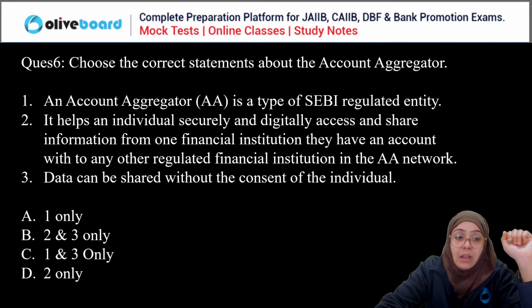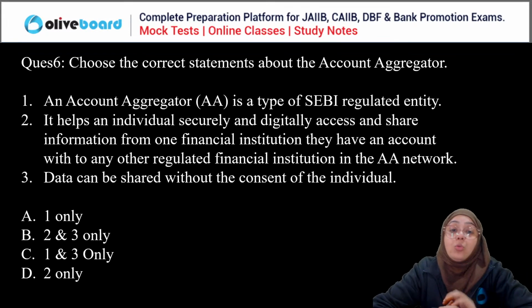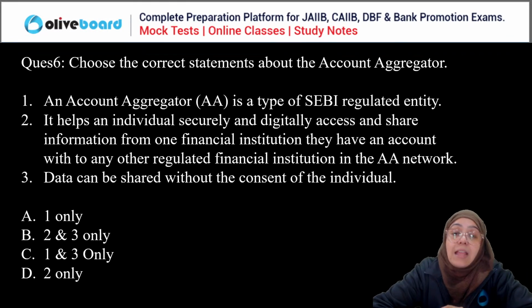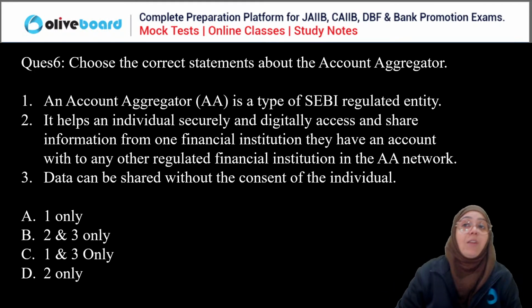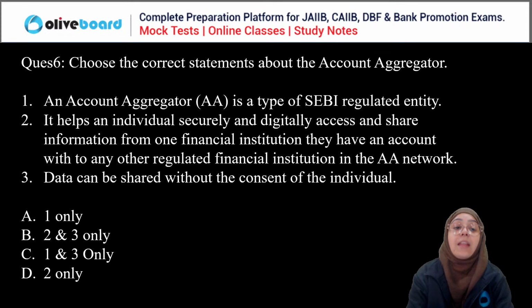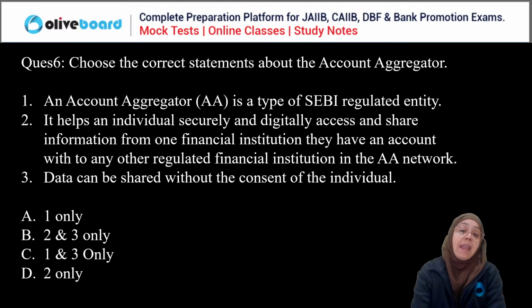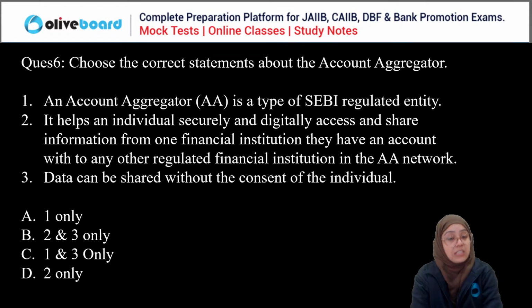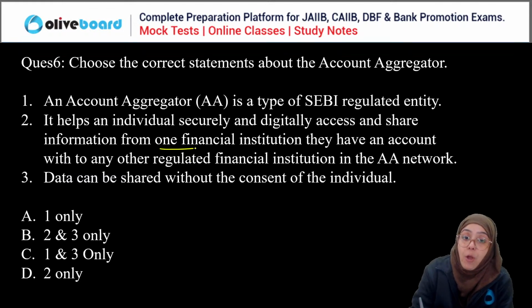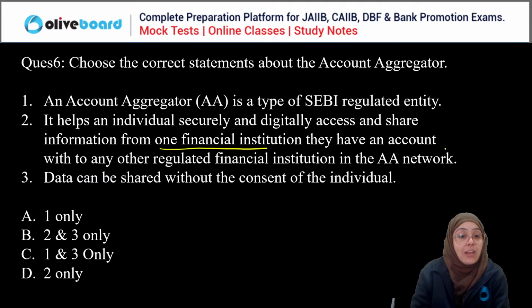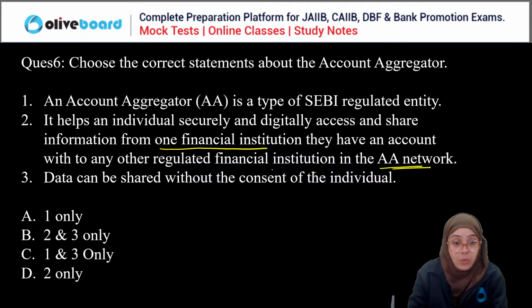Now, next we have to choose the correct statement regarding the account aggregator. First, an account aggregator is a type of CP regulated entity. Second, it helps individuals securely and digitally access and share information from one financial institution, where they have an account, with another regulated financial institution in the AA network.